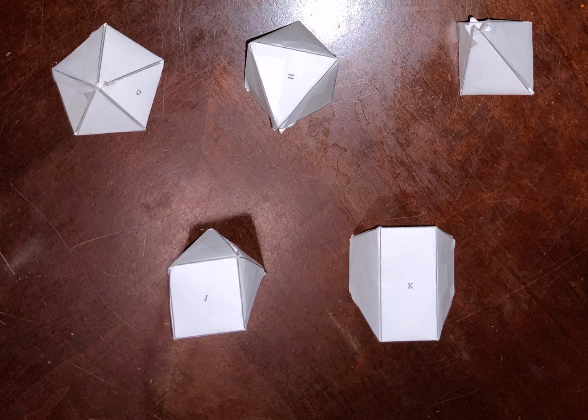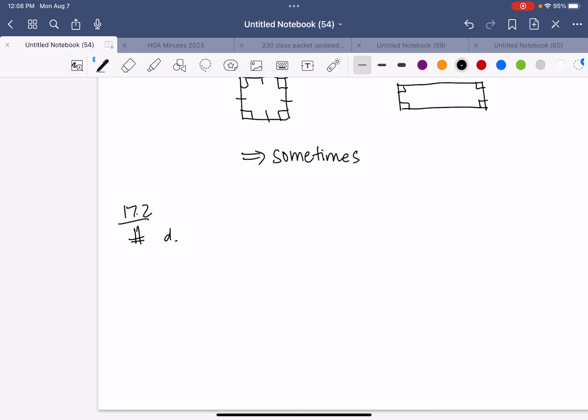And so that one would count as well. So D, G, I, and J. Now, if you included things that have no triangles, that's also fine because that would also meet the criteria that none of the triangular faces is equilateral. But I'm not going to list them here because they just don't have triangles.